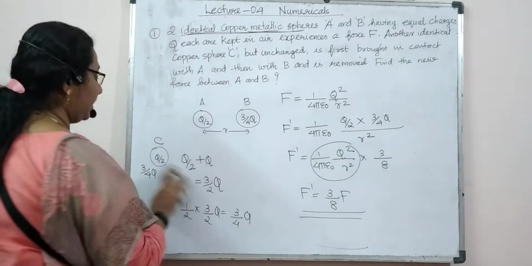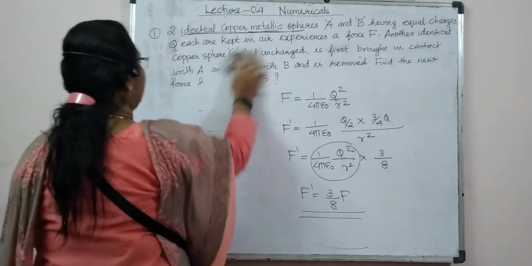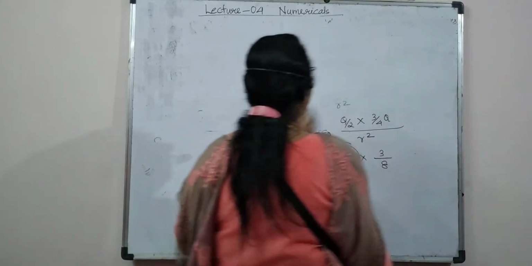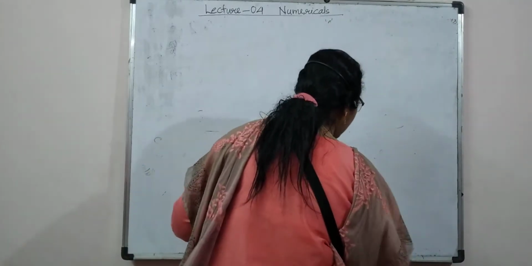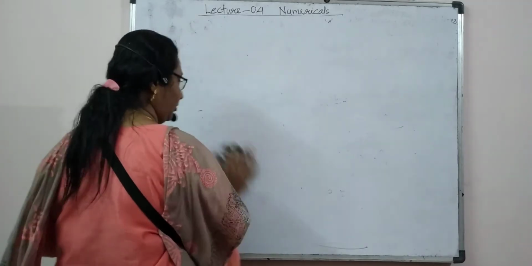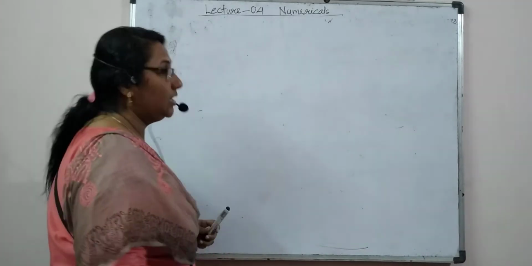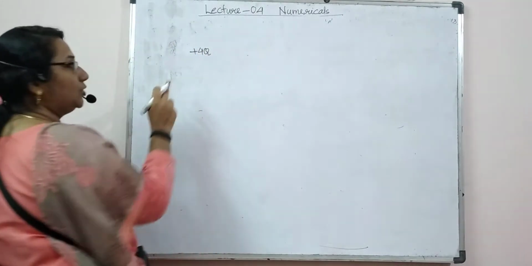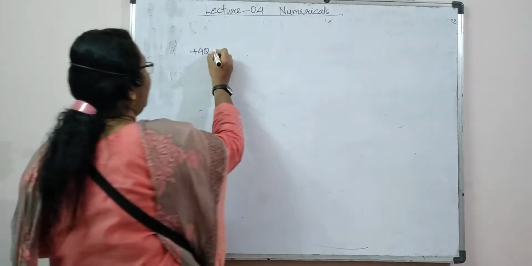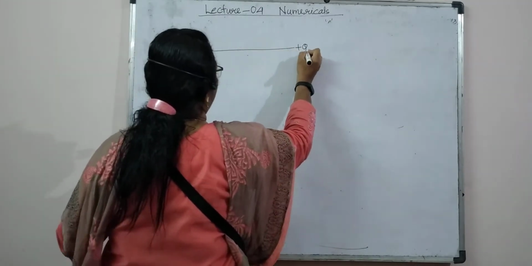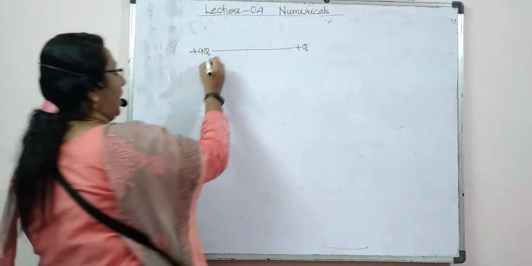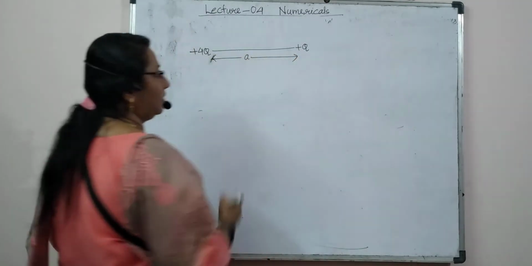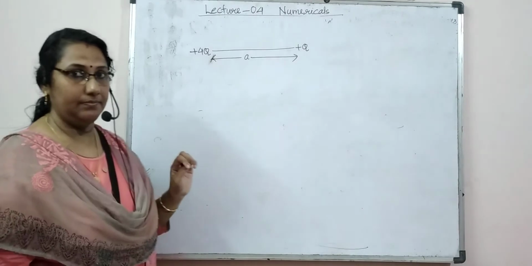Now we are going to our second question. There also two point charges are given. You may write the question: two point charges plus 4q and plus q are kept at a distance a apart in free space.